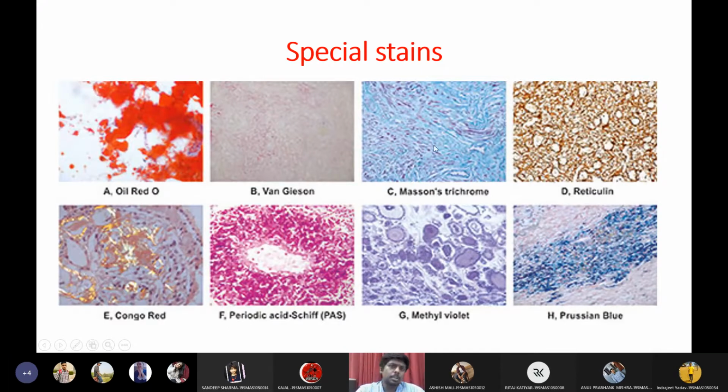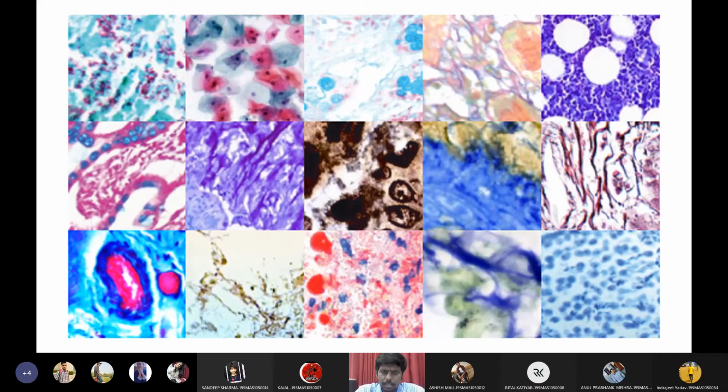These are multiple special stains that have properties to stain a specific part of the cell. Similarly, the Alcian blue stain has special properties to attract towards the mucopolysaccharides.